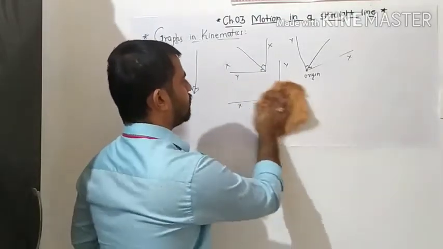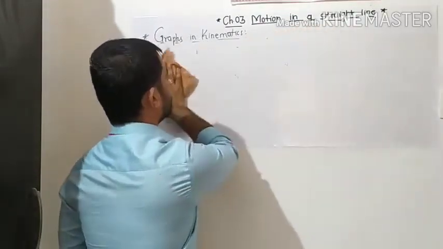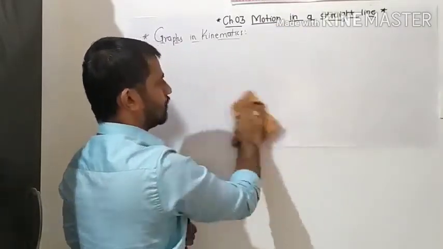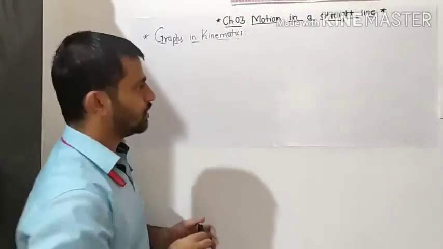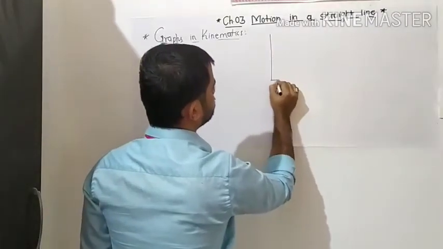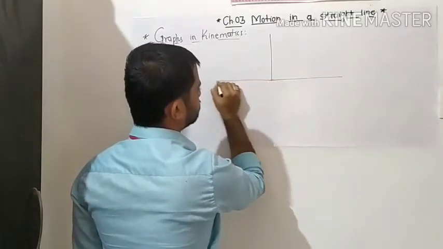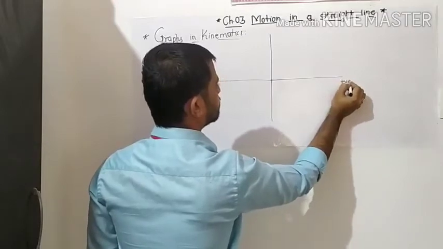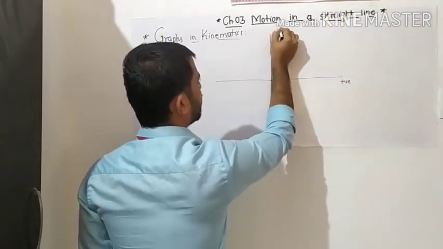So if we draw a proper x and y axis, this is the positive x axis, this is the positive y axis.